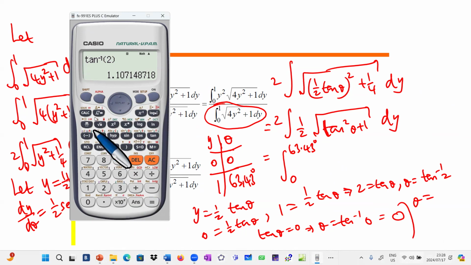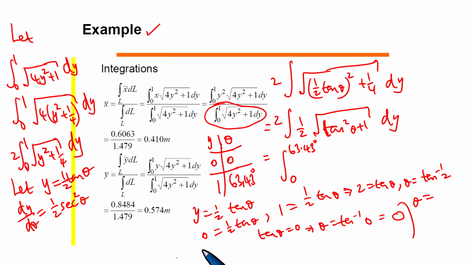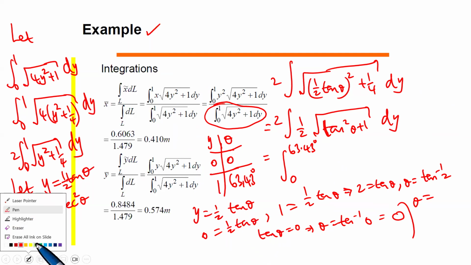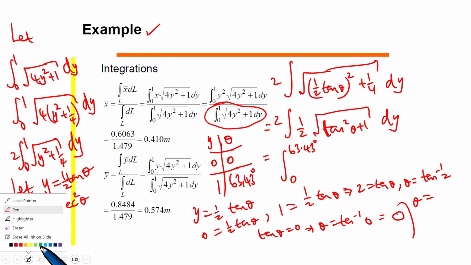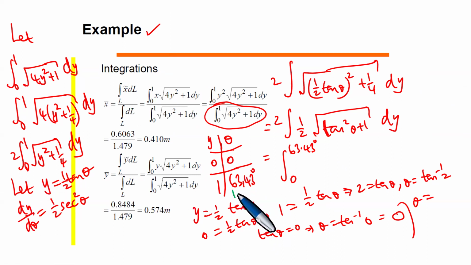So we have 1.107, which is the answer in radians. I'm going to write it in green color. 1.107.